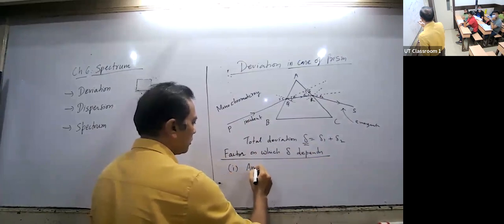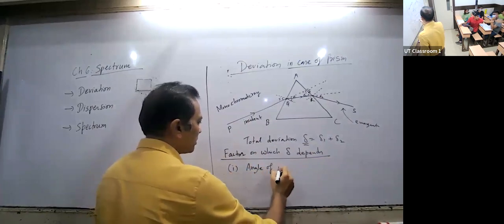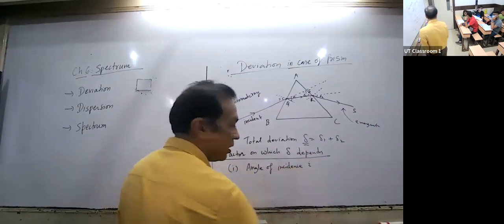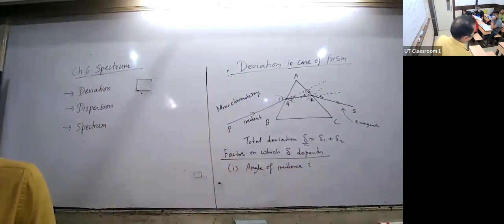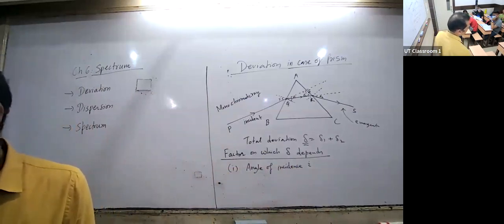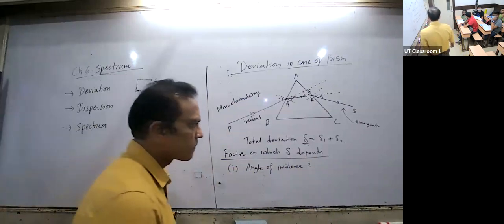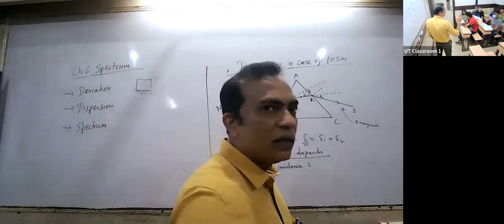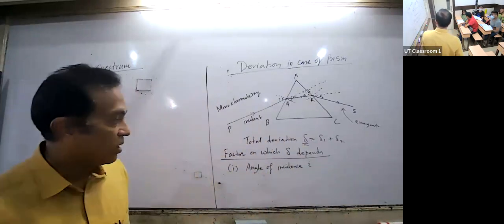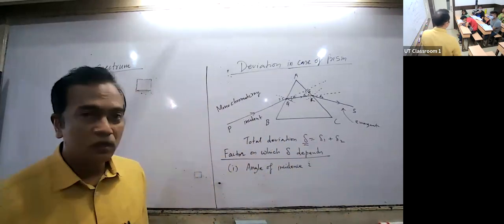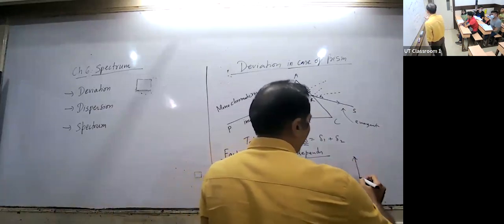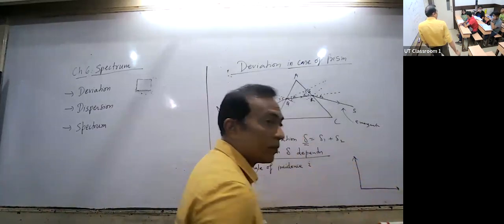First, angle of incidence, I. How does it depend on angle of incidence I? Listen to the question before answering. I am asking how the angle of deviation depends on the angle of incidence. If the angle of incidence changes, the deviation would change.